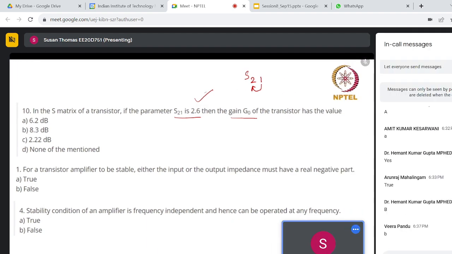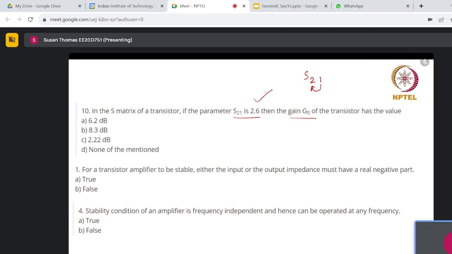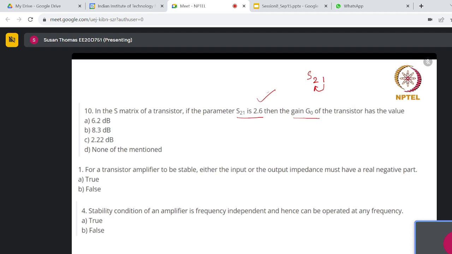I think two of you have answered option B. Okay, yeah. 20 log of S21. Right. So it's being taken as 20 log of S21.